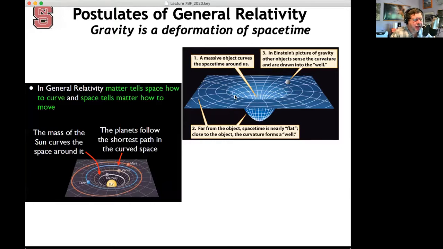And it feels like a pull because remember, acceleration is change in velocity or change in direction. And as this ball comes towards this warping of space-time, it's going to move faster and change direction faster. And so it'll feel what we call a stronger gravitation.